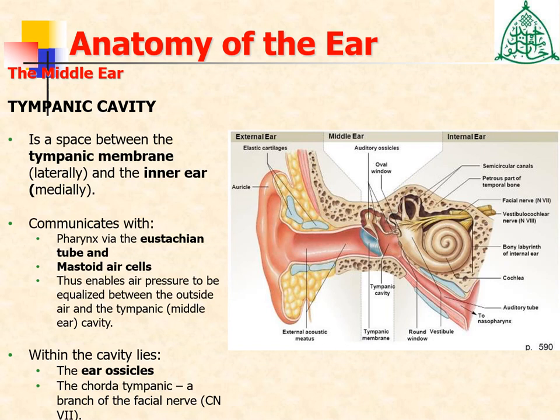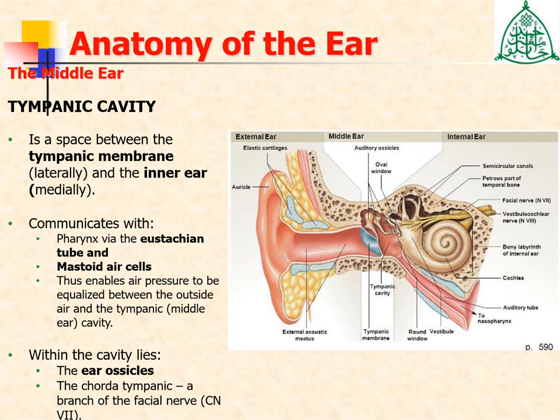Now, this cavity communicates with the pharynx via the Eustachian tube, and it has some mastoid air cells. Therefore, these air cells enable air pressure to be equalized between the outside air and the tympanic cavity, or the middle part of the ear.